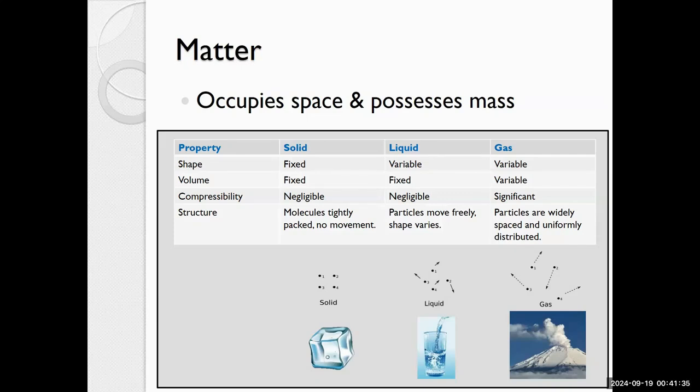So for example, solids have fixed shapes, fixed volumes. Liquids, the shape varies depending upon the container it's in, but the volume stays the same unless you spill it. And gases are both variable in shape and space. An interesting thing to note is water is the only compound that exists in all 3 states naturally.